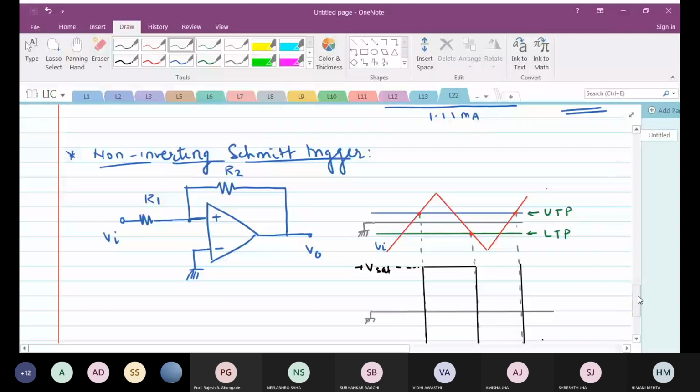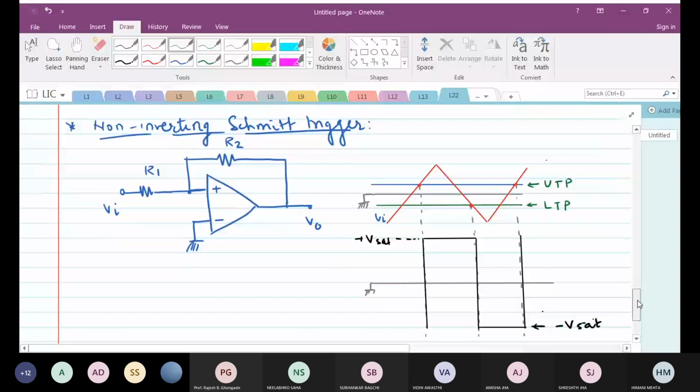Again, using 741, design a non-inverting Schmitt trigger to have the trip points, or trigger points, as plus minus 0.5 volts, and VCC equal to plus 15 volts, obviously VEE also equal to minus 15 volts.